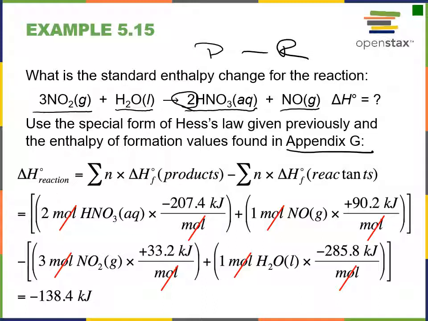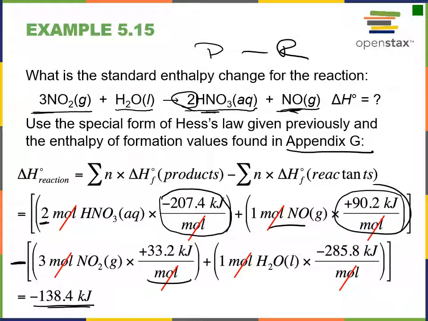We're going to start out with 2 moles nitric acid and look up its enthalpy of formation. We're going to add to that 1 mole of NO multiplied by its enthalpy of formation. We are going to subtract 3 moles of NO2 plus 1 mole of water times their enthalpies, and we'll get the overall enthalpy for the reaction.